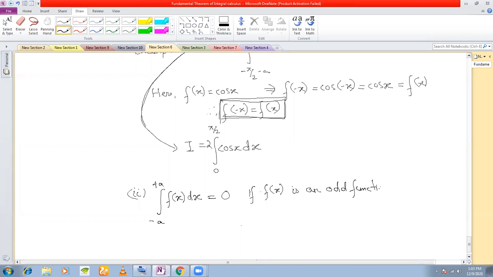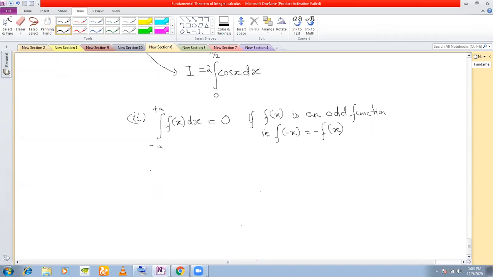And what do you mean by odd function? If you remember, I told you f of minus x must be equal to minus f(x). This is an odd function. Okay, so let us see an example here. Like sin x, it will be minus sin x only.